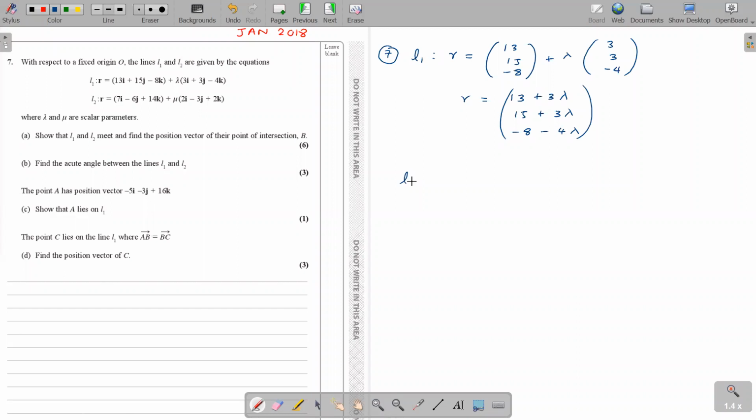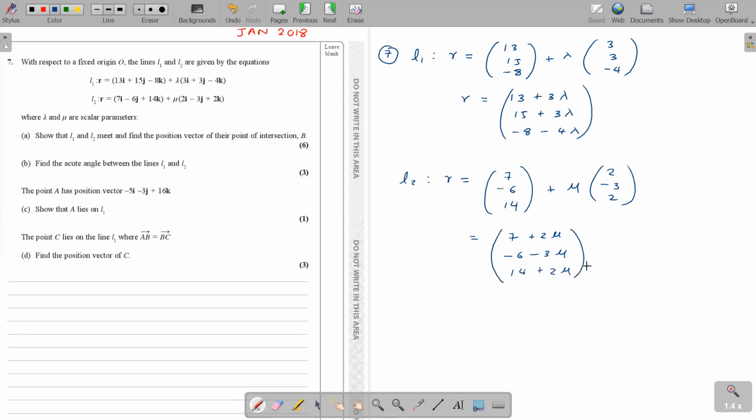And then line 2, you get r equals 7, minus 6, 14 plus mu times 2, minus 3, 2. So when you add everything, it's 7 plus 2 mu, minus 6 minus 3 mu, 14 plus 2 mu. Do you agree with me?